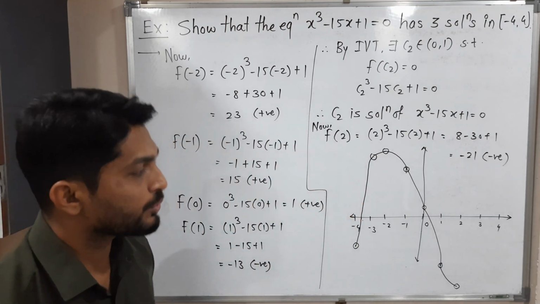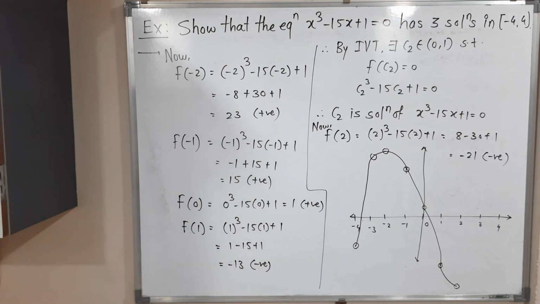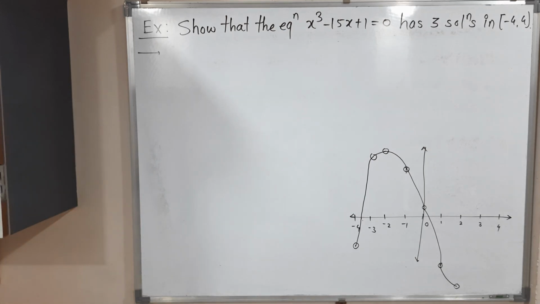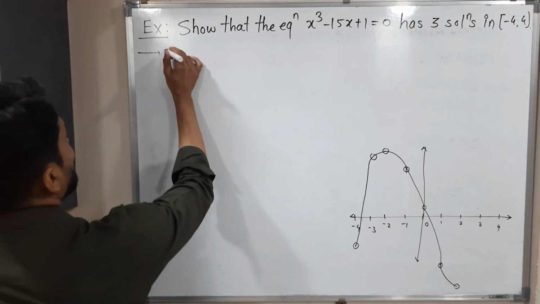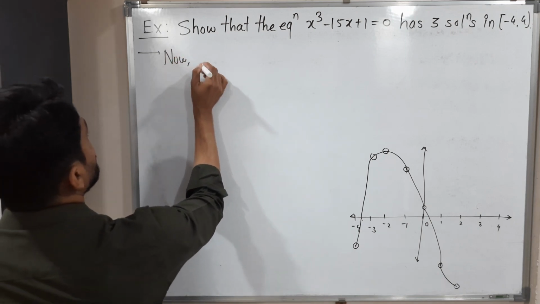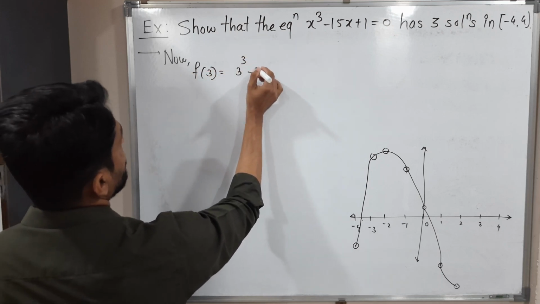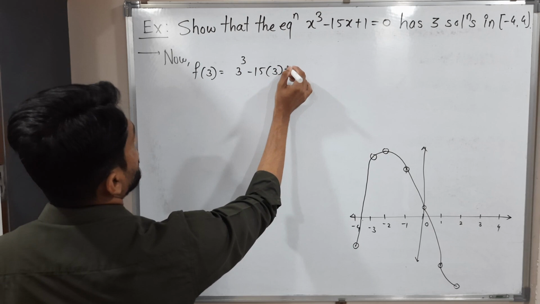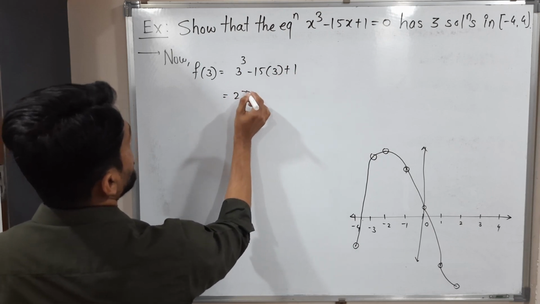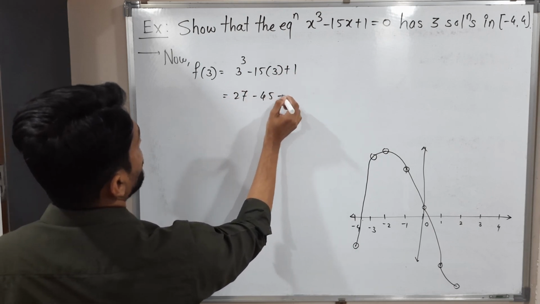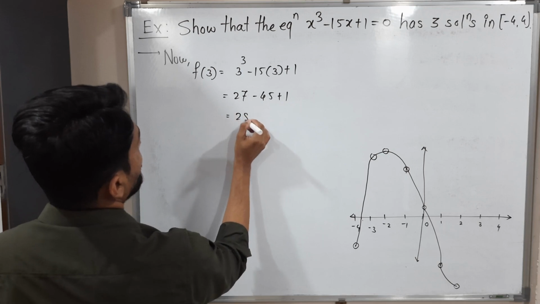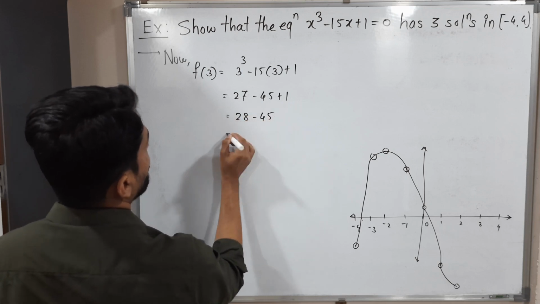There is no more space to write, just make a screenshot of it, then I will go further. So let us find the value of f at point 3. I am putting 3 here. 3 cube minus 15 into 3 plus 1. So 27 minus 45 plus 1, 28 minus 45.